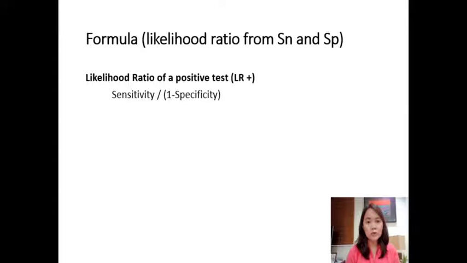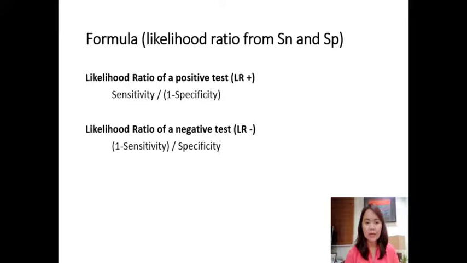So these are the formulas which you can use in deriving the likelihood ratio from a sensitivity or specificity given in the chosen article. So the LR positive, or the likelihood ratio of a positive test, is computed as follows, and the likelihood ratio of a negative test is computed based on this formula. So kindly take note of this formula and we will use that later.